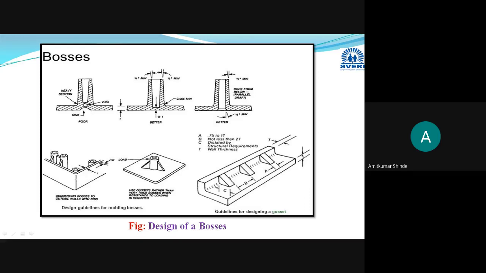Whenever more thickness, heavy sections, are used, some sink marks and voids will be there. So to avoid this, we are going to manufacture the part with minimum thickness. Due to this, these voids and sink marks will get eliminated.